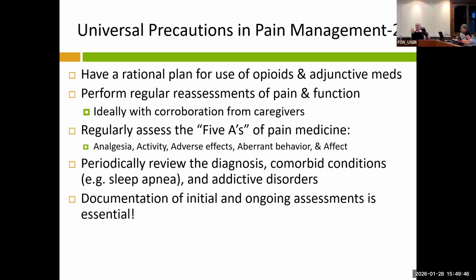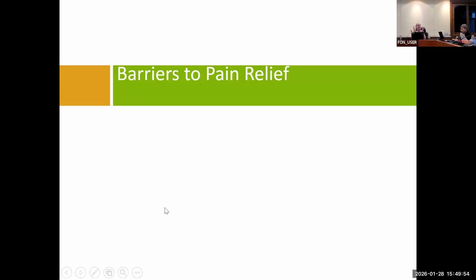And documentation is essential of initial and ongoing assessment. So that was a brief review of universal precautions, just talking about opioids and how to manage that, because we do use opioids more commonly in oncology patients. So it is something we need to keep aware of and keep on top of.